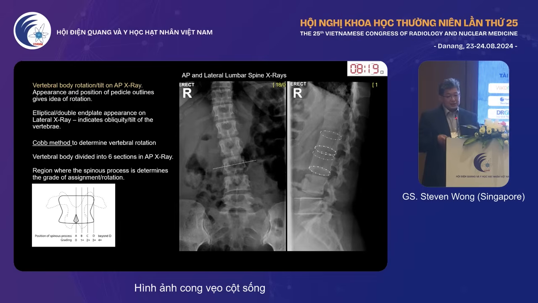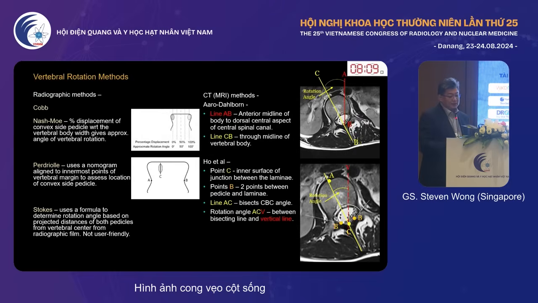But you know, in the old days before there is MRI and CT, you can look at the position of the pedicle relative to the spinous process and the lateral aspect of the vertebral body and determine the degree of rotation. But nowadays, just go and measure it on the CT or MR. Again, there are multiple variations.